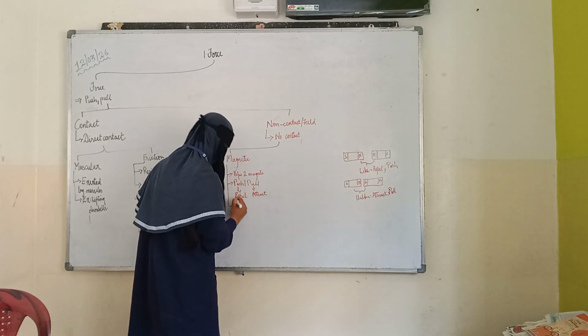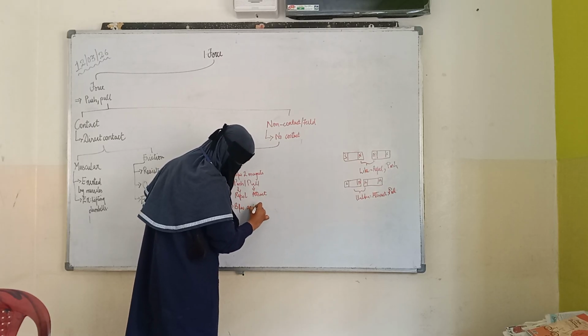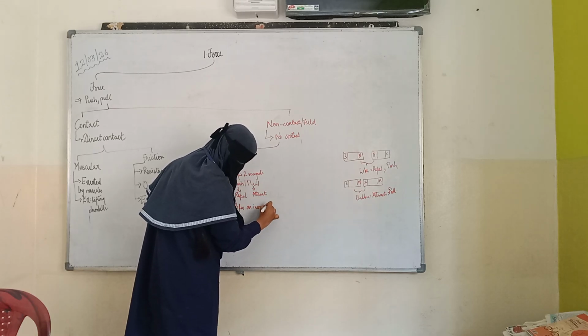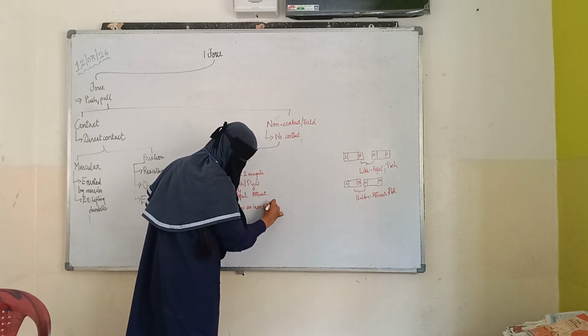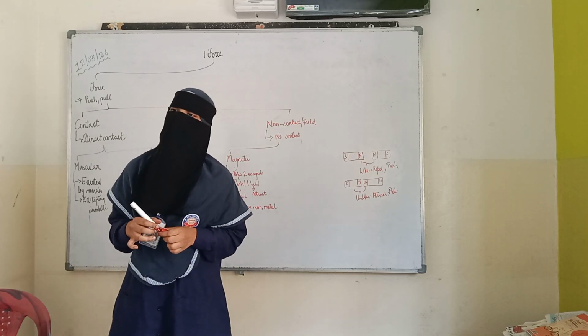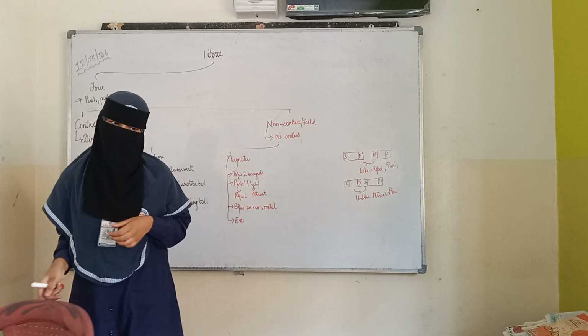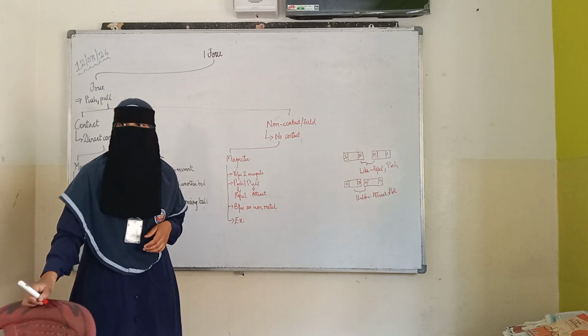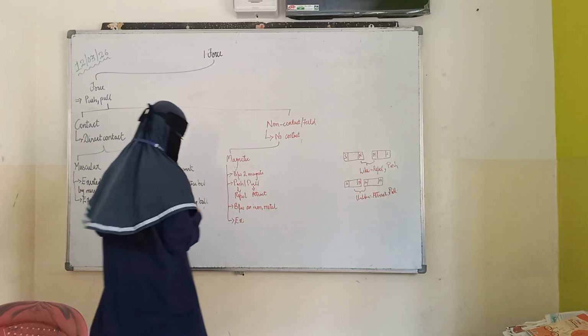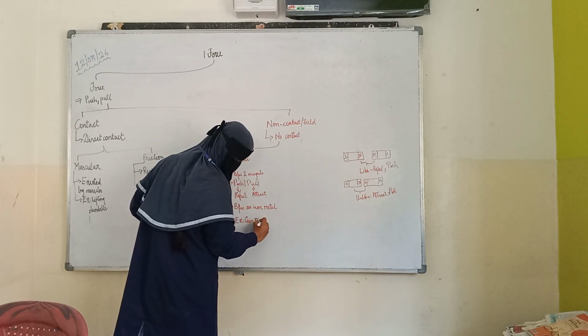And they can even act between an iron object and a magnet. I want to give an example for magnetic force: coin to magnet.